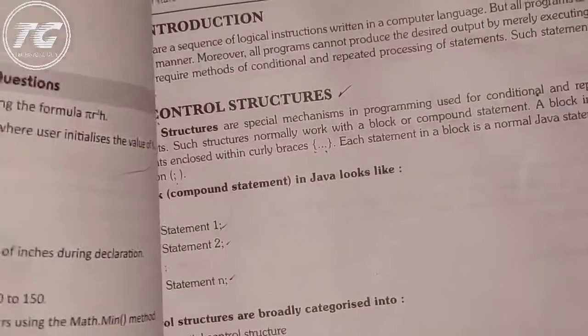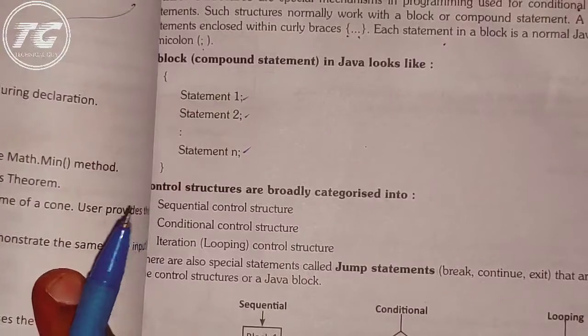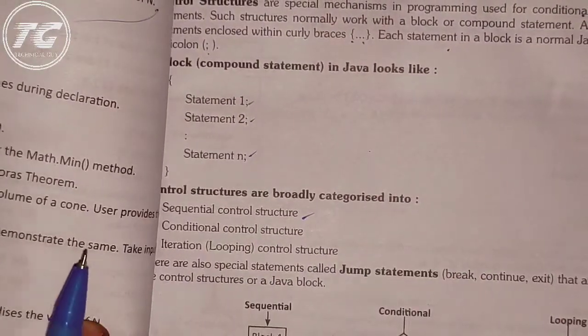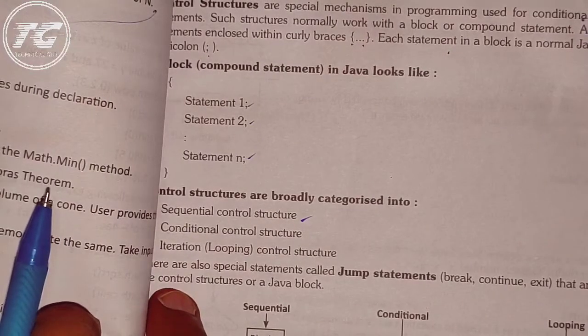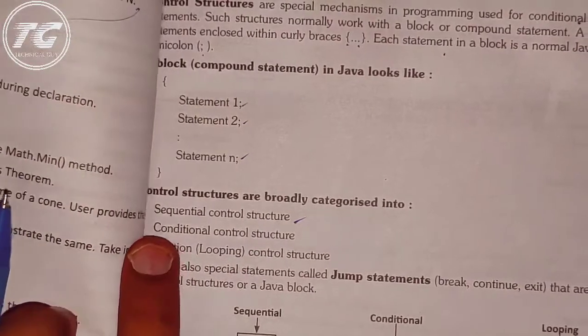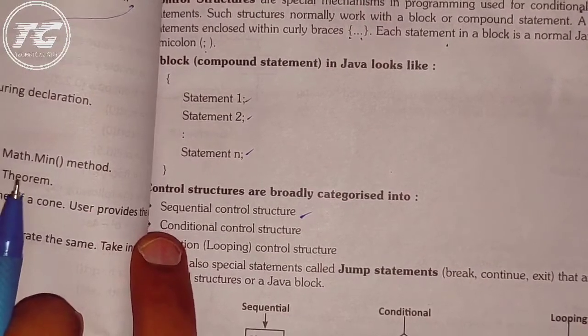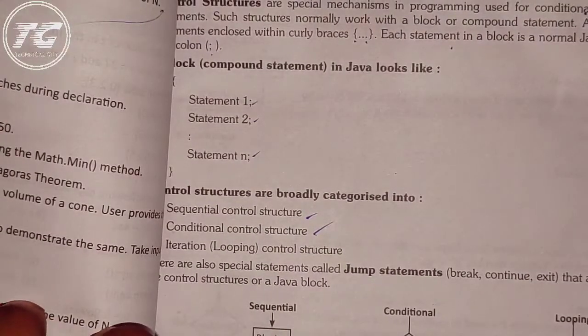According to this, we can divide the control structures into the following categories. The first category is sequential control structures. It is the default, in which all the statements are executed one by one in a sequential manner. Second, we have the conditional control structures.